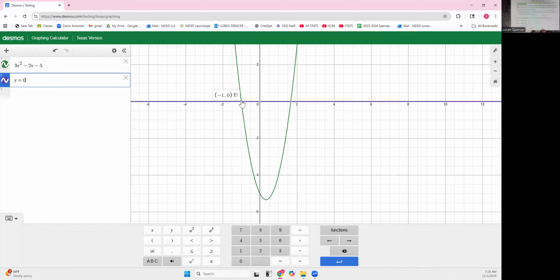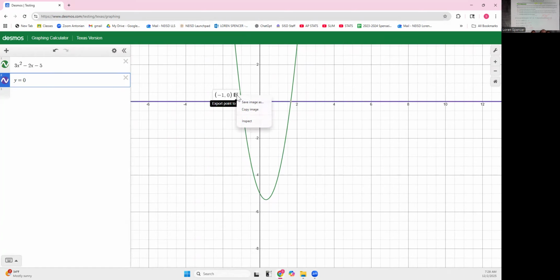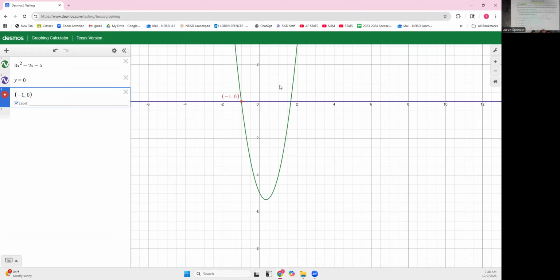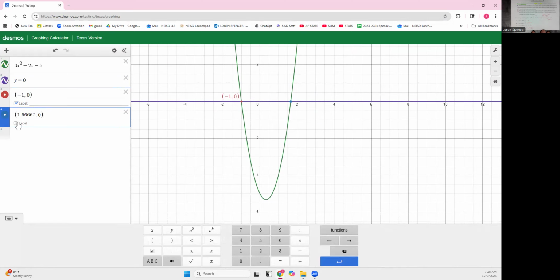Well, this is where they cross. And I'm going to label that point. And the other place they cross is right here. And I'm going to label that point.